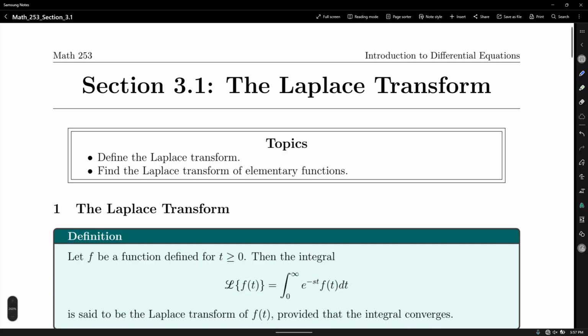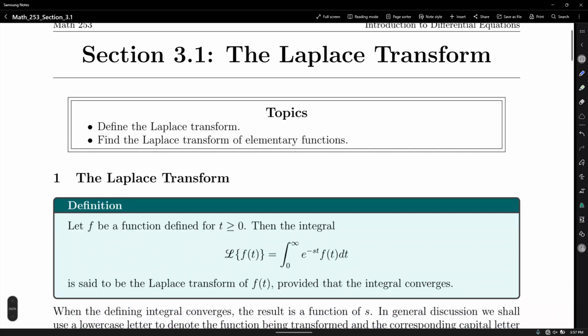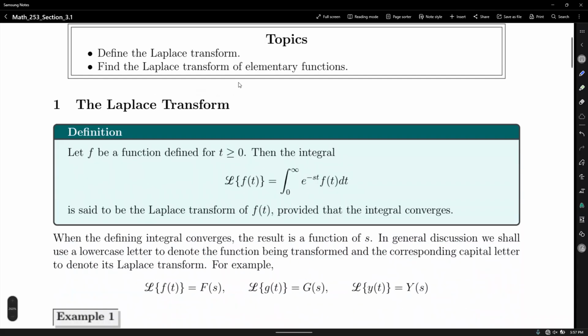What do we do? Well, there's a bunch of transforms out there, not just the Laplace transform. But what is it? A transform takes a function from one domain to another domain. There are actually differential transforms, integral transforms, and many other transforms.